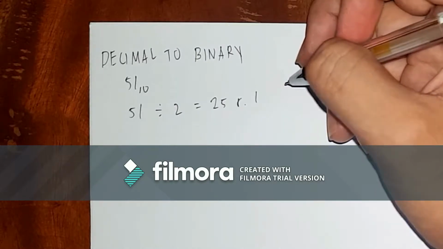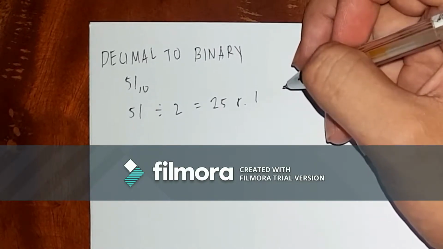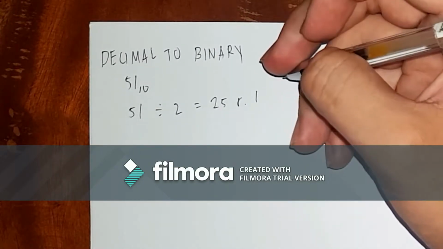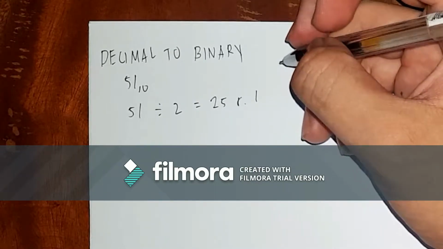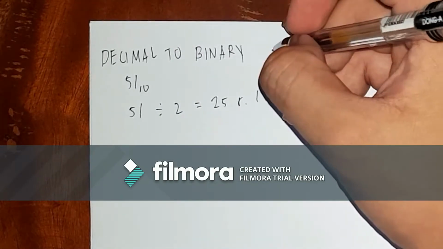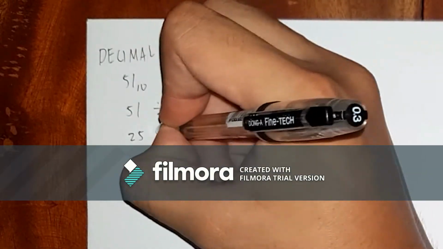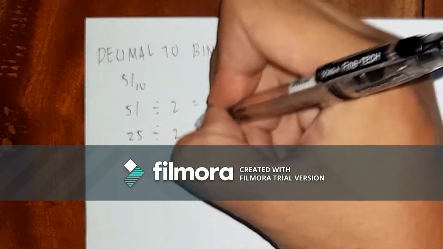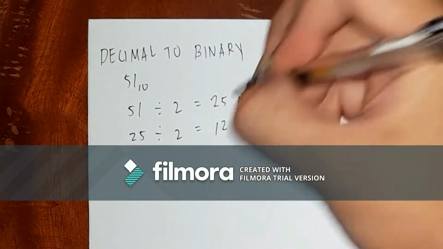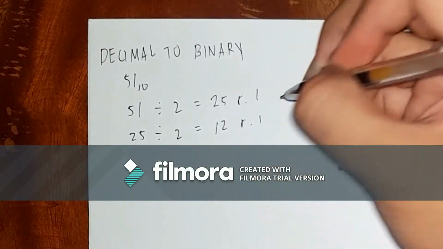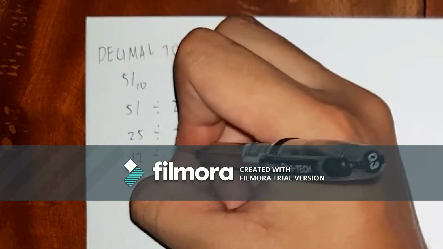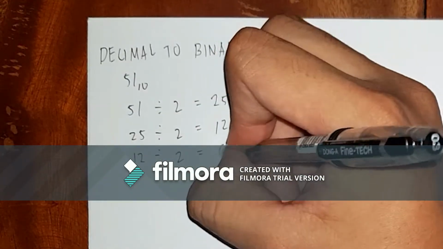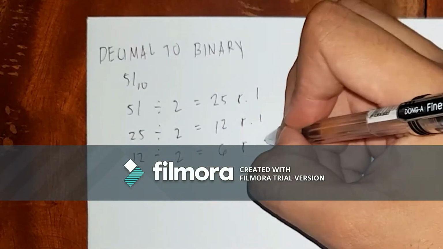Step 3. Repeat steps 1 and 2 for each quotient you get until you cannot divide the quotient by the radix any further. So 25 divided by 2 is equal to 12, remainder 1. Next, 12 divided by 2 is equal to 6, remainder 0.